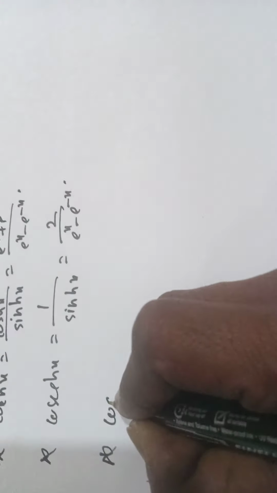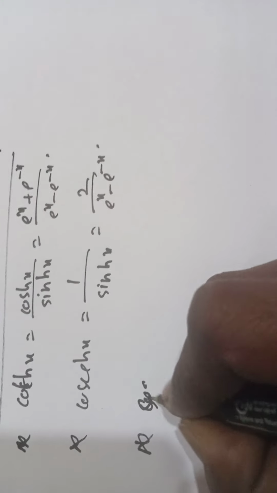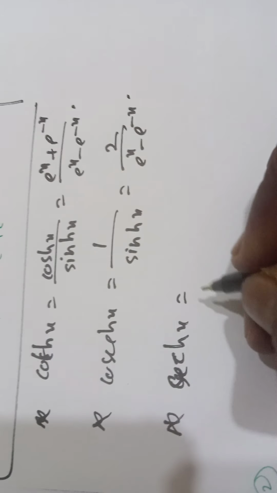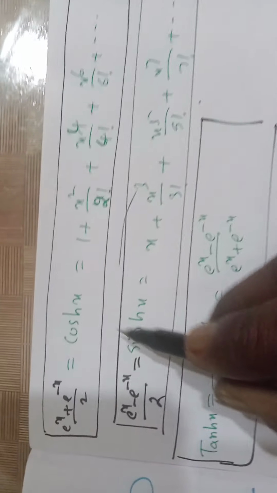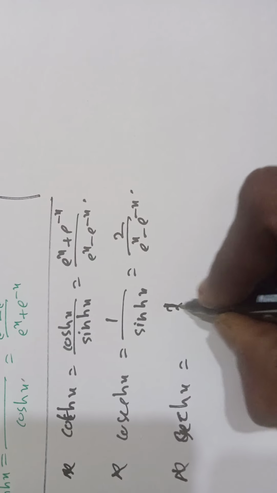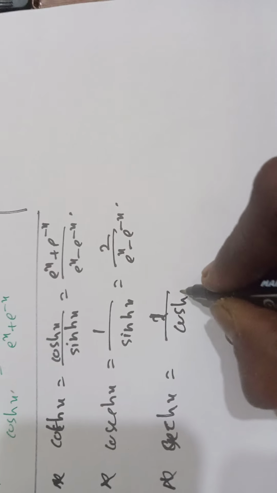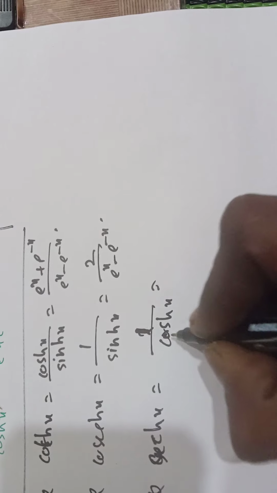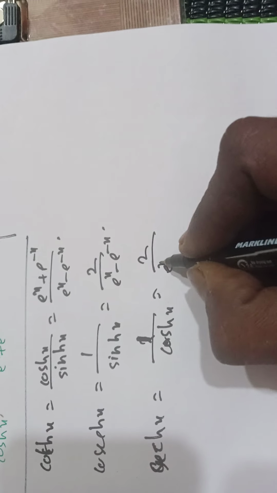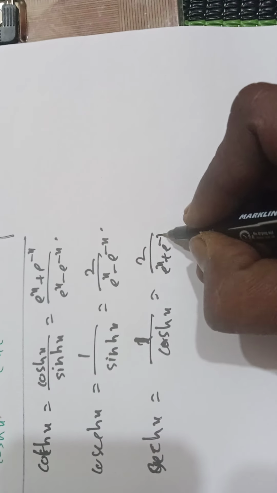Now you tell me, what is the reciprocal of cos hx? That is secant hx. So we write 1 by cos hx, that is nothing but 2 by e power x plus e power minus x.